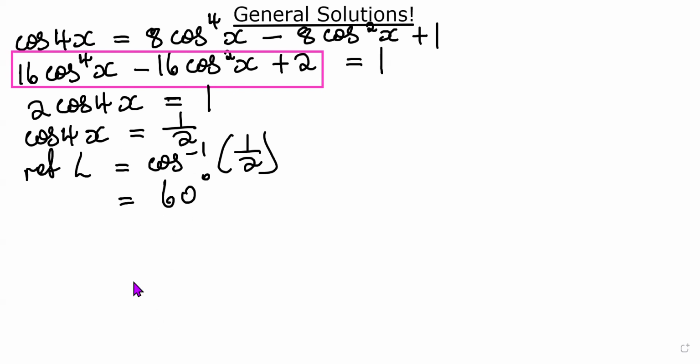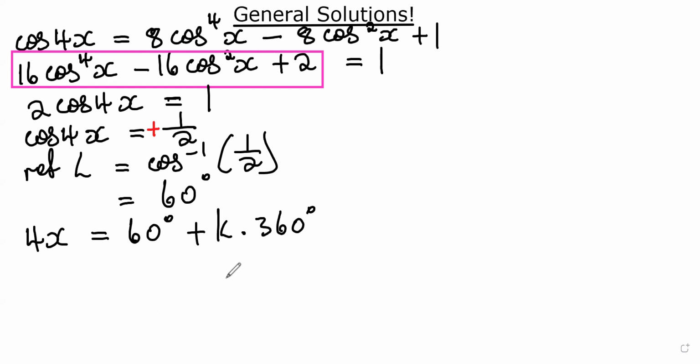Then I can come and say, in which quadrant is cosine positive? Well, it's in the first quadrant as well as in the fourth quadrant. So if we go to the first quadrant, then we know that 4x is equal to the reference angle itself. And now we can add this to k times 360 degrees.